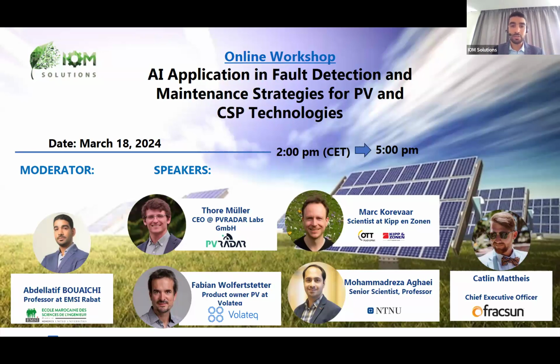So today we are going to talk and discuss artificial intelligence application in fault detection and maintenance strategy for photovoltaic and concentrated solar power technologies. So let's start firstly with a demonstration of the challenge of artificial intelligence in PV and CSP technologies. As you know, in recent years, the adoption of solar power sources has seen significant growth worldwide, as solar energy, particularly photovoltaic and CSP, continues to play a pivotal role in the transition to sustainable energy systems.